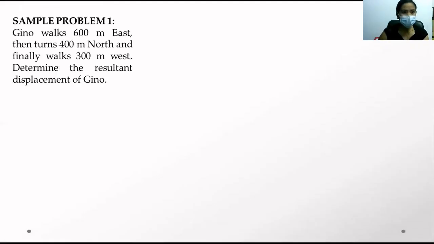Let's try sample problem number 1. Gino walks 600 meters east, then turns 400 meters north, and finally walks 300 meters west. Determine the resultant displacement of Gino.